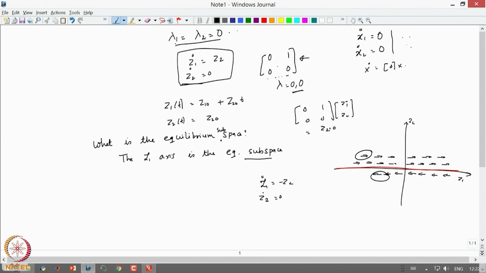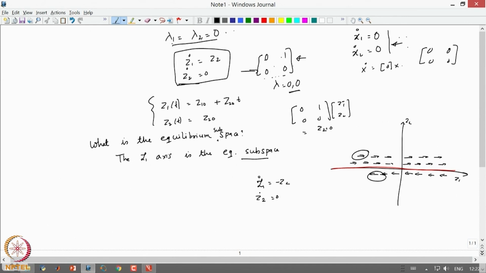When the algebraic multiplicity is equal to the geometric multiplicity, the Jordan form simply has this form, and the equilibrium subspace will have dimension 2. Whereas, in this case the Jordan form takes a form like this, and you will have solutions or the phase space given by this set of equations.